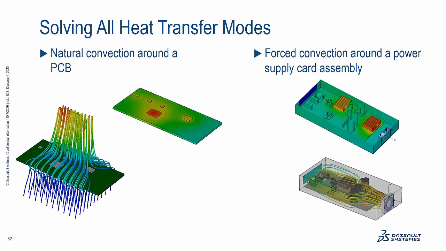I hope you still remember that we talked about there are three, and only three, modes of heat transfer: conduction, convection, radiation, and you must include radiation if you're working on natural convection situations. So we include all of them in the thermal solvers, so you should feel very confident using them.